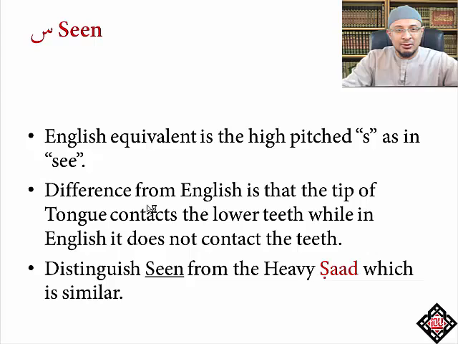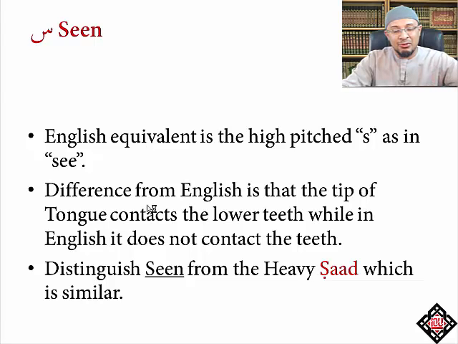Please also note that there's a very similar letter in Arabic called the Sod, and it's very important to distinguish this Sin from the Sod. But the Sod is a heavy letter, and we've said that it's more difficult to pronounce heavy letters than light letters.